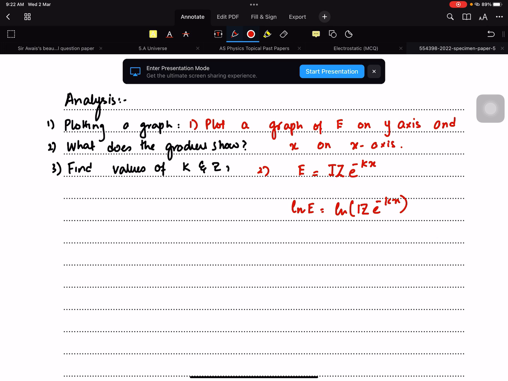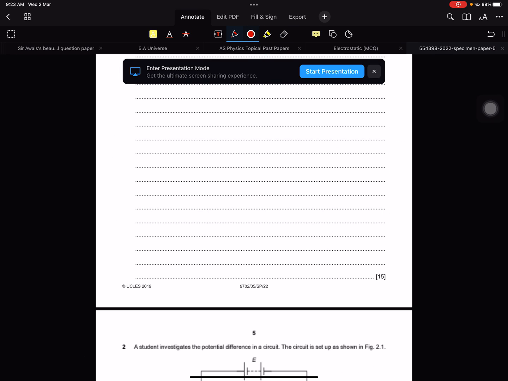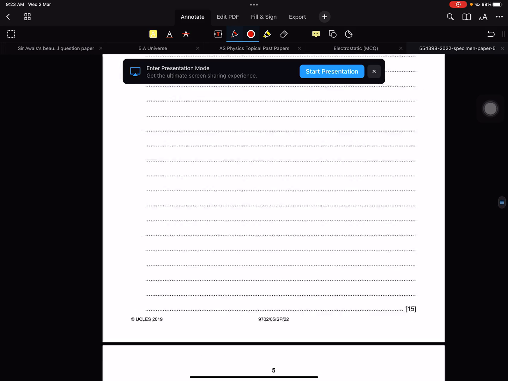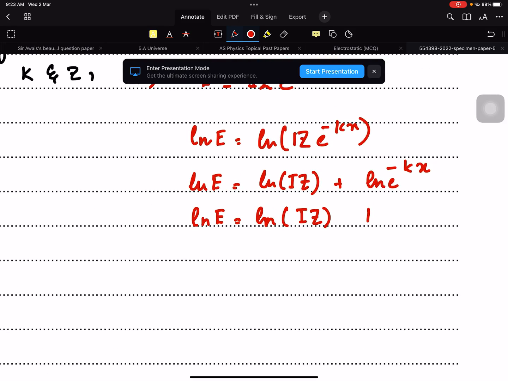Now you have to have some knowledge about logs, and then you can write ln IZ plus ln e^(-kx). I'm just doing an extended version, but you can skip some steps if you know logs. This will be minus kx, and ln e basically is just equal to 1.